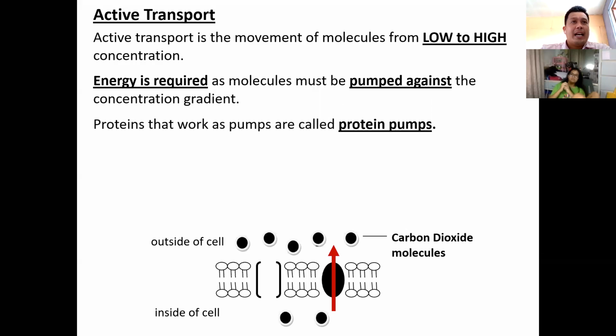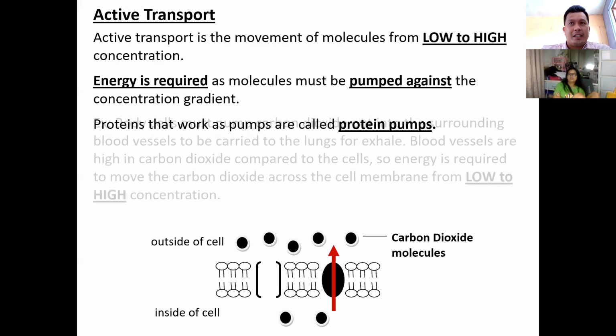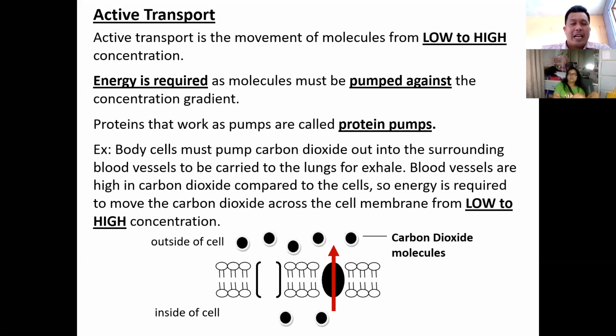So we have here the presence of a protein pump. The protein pump will be the one responsible for moving the molecules from low to high concentration. An example of active transport is, again, the sodium-potassium pump. Normally, the sodium-potassium pump will not follow equality of molecules inside and outside.